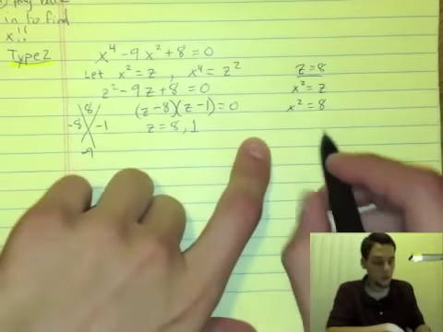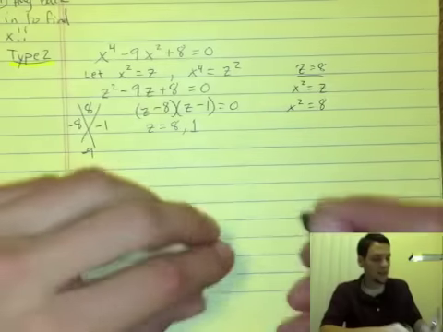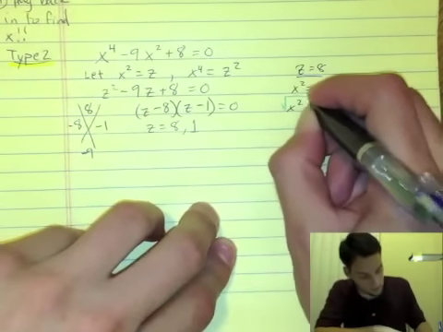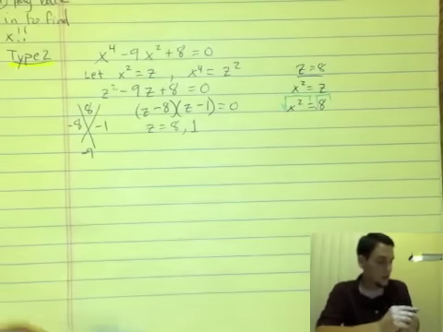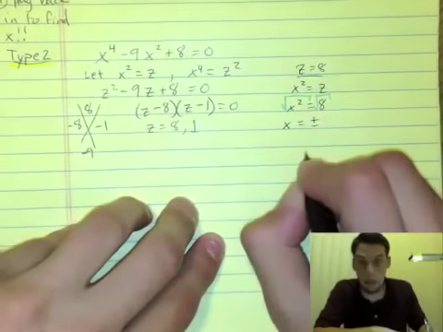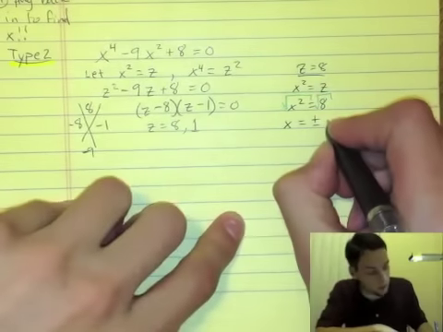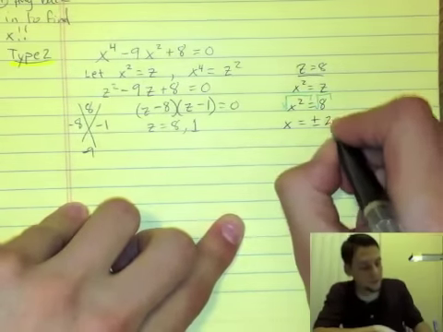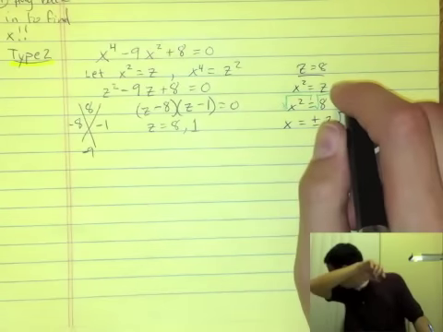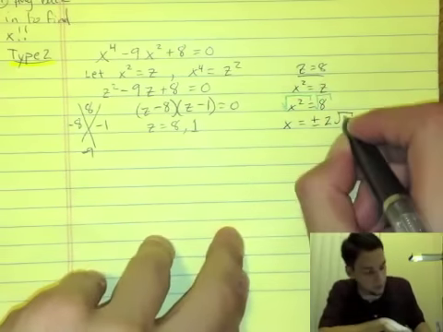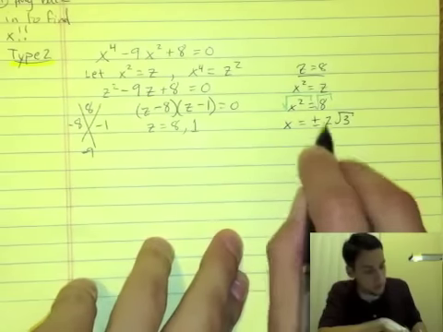So if I square root both sides, then I'll have x equals plus or minus the square root of 8, which is 2 root 2. So this is two answers actually.